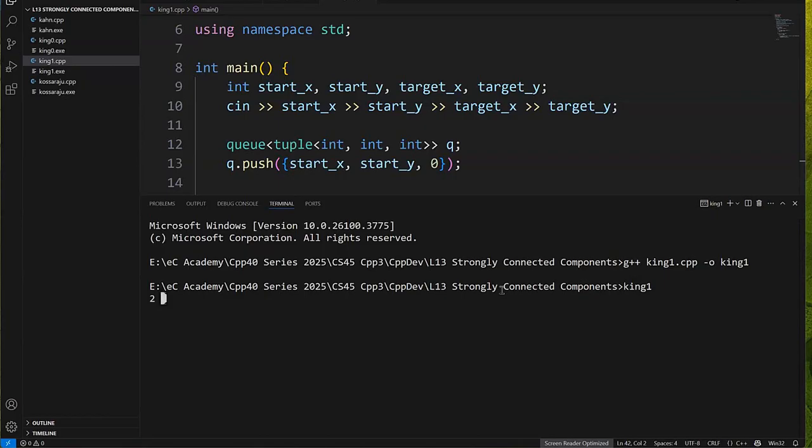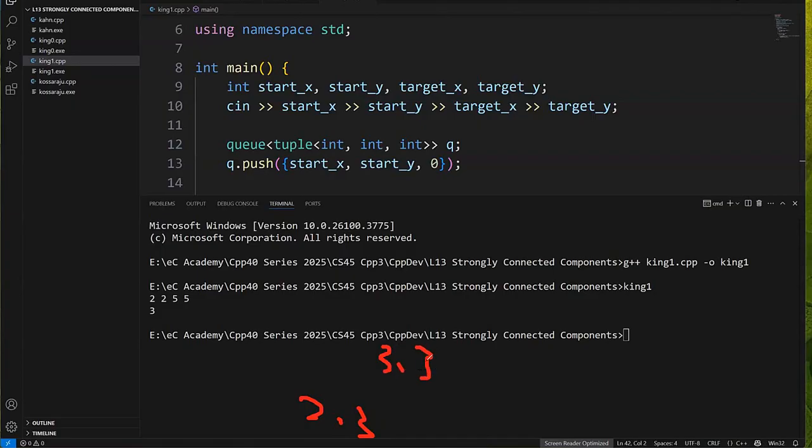You enter 2 2 5 5. So for 2 2 5 5, you need to take 3 steps, that is 22 to 33 to 44 to 55.